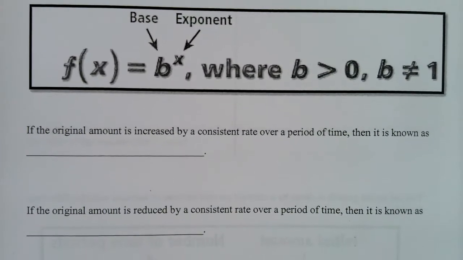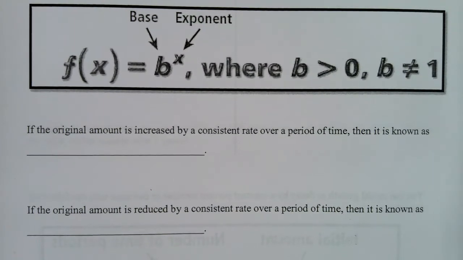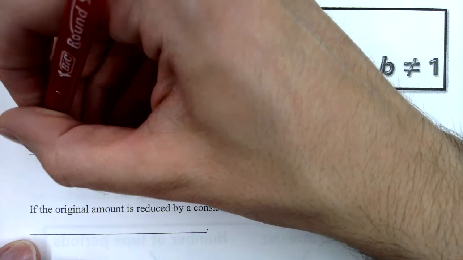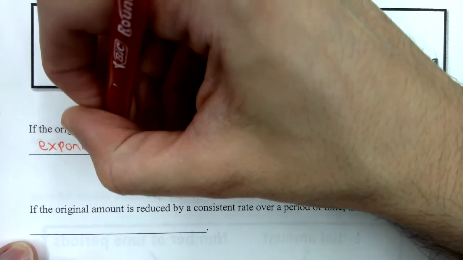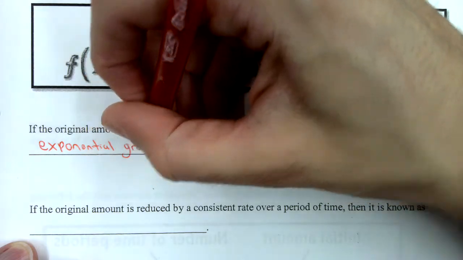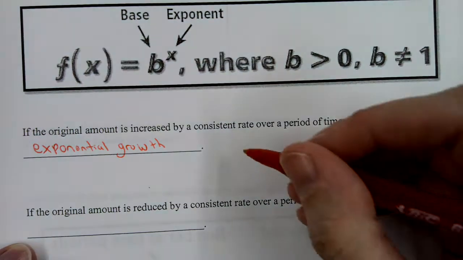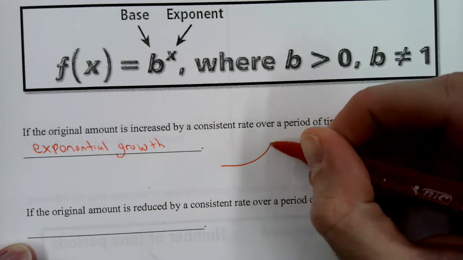If the original amount is increased by a consistent rate over a period of time, then it is known as exponential growth. Which usually looks like this when you graph it.